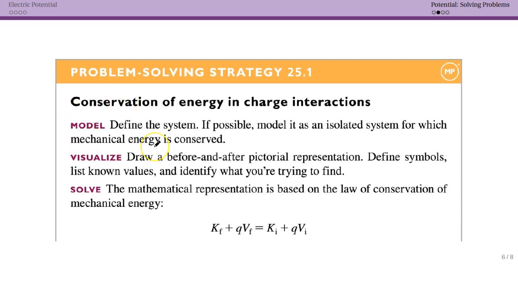So the first step is going to be modeling and simplification. In general, one of the models we're using is the energy model, and that means we're going to want to think about an isolated system and we want mechanical energy to be conserved. This is going to be true as long as there's not an outside force and there's no drag or friction forces. So that is a modeling step, or a simplification step.